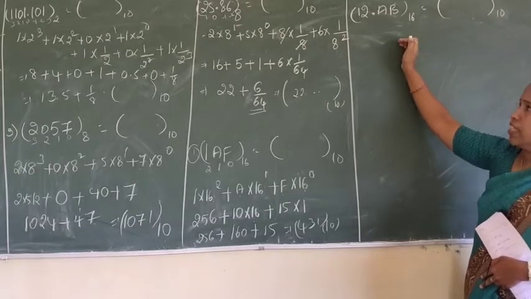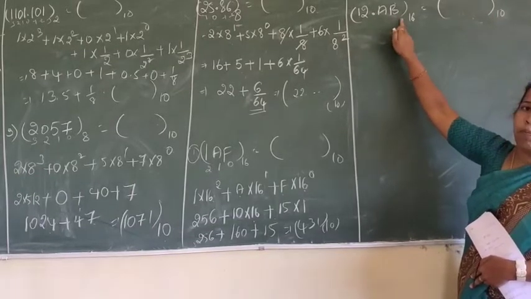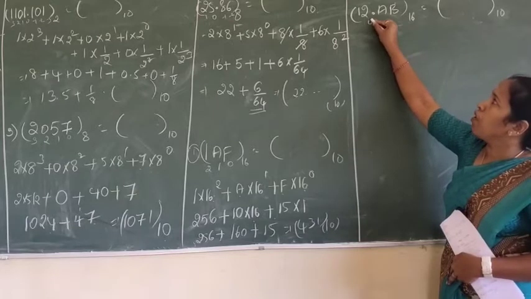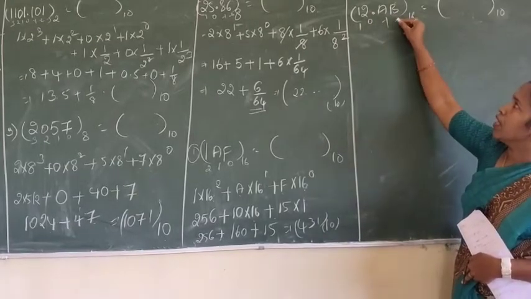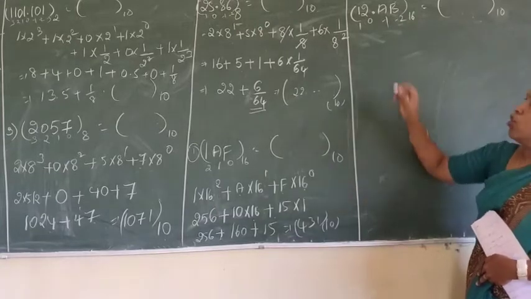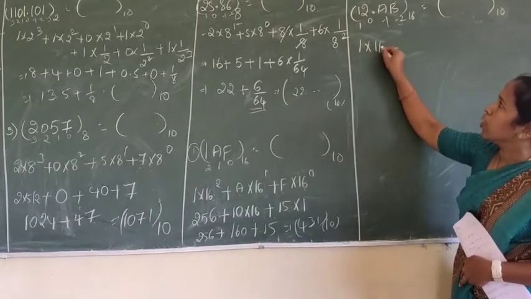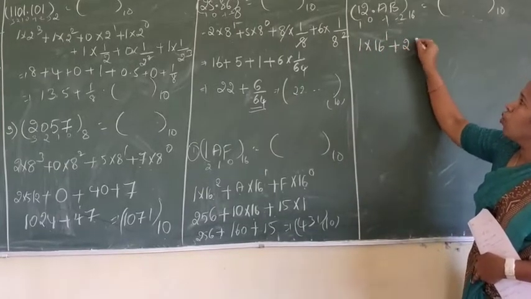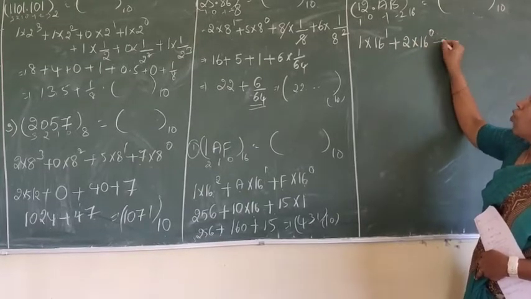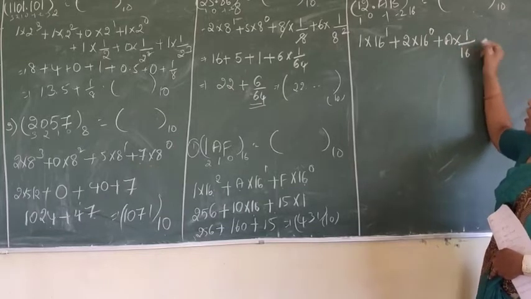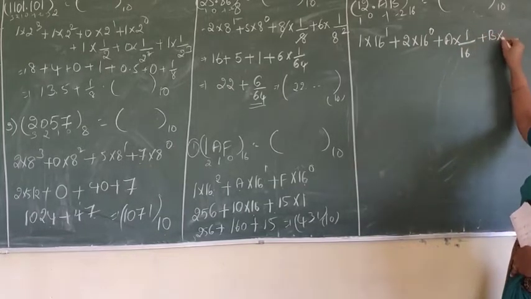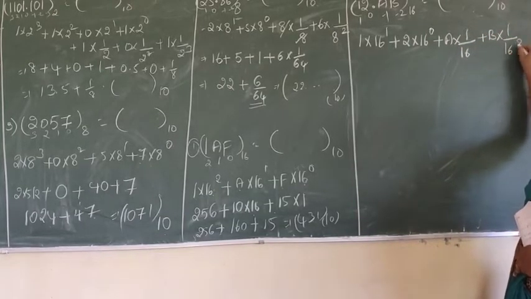So now in this case, 12 point AB. So 16 to the power of 0, 16 to the power of 1. Now here 16 to the power of minus 1, 16 to the power of minus 2. So 1 into 16 to the power of 1, plus 2 into 16 to the power of 0, plus A into 1 by 16, plus B into 1 by 16 square.